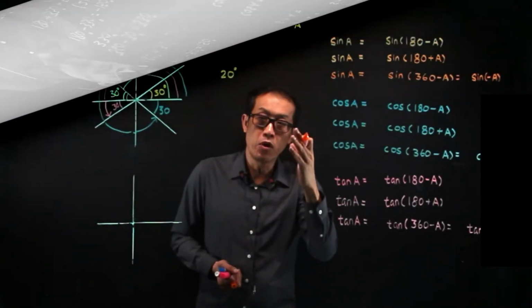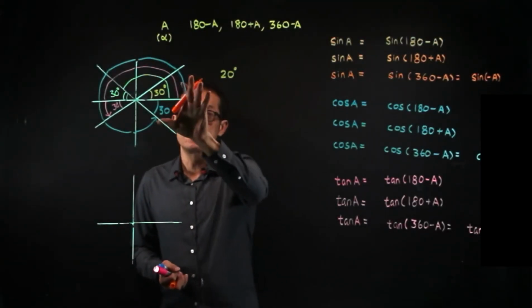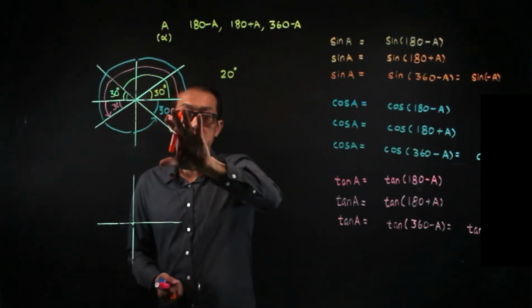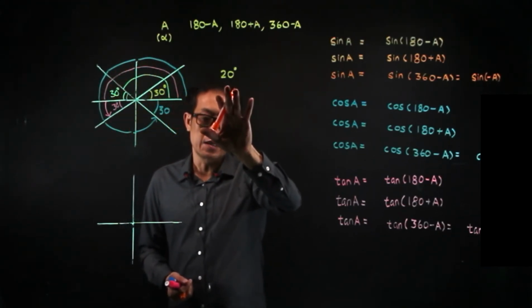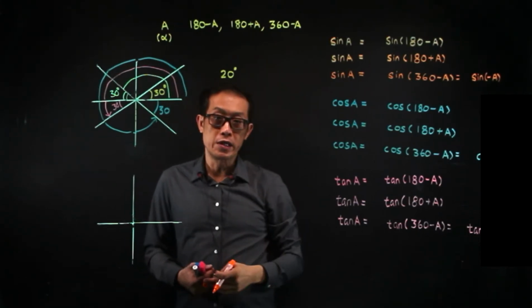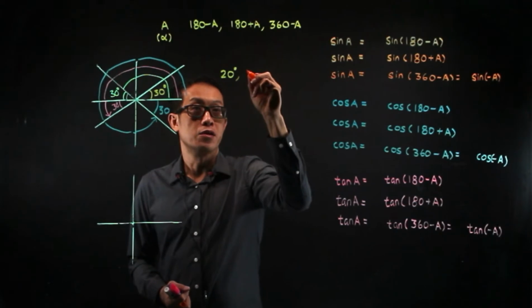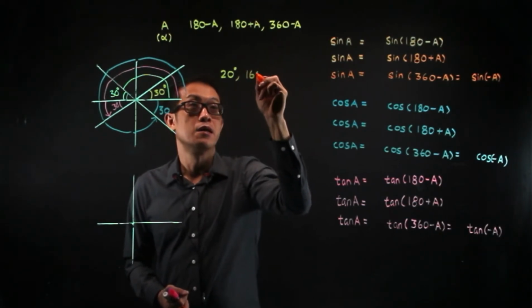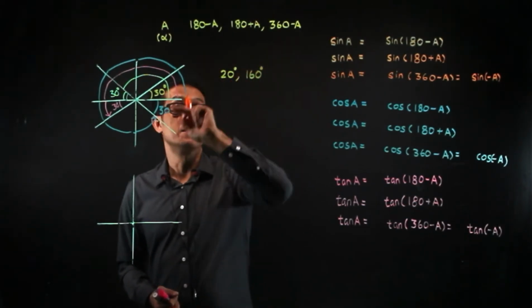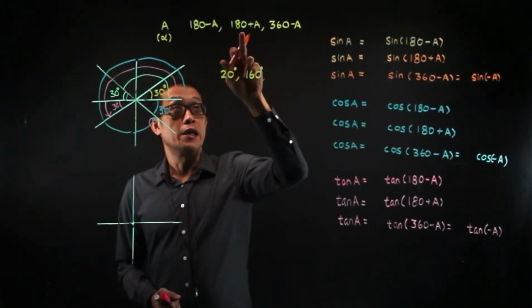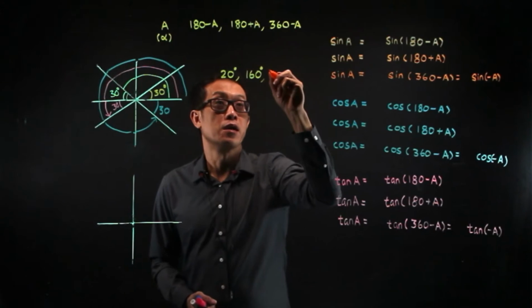Now let us name all the four angles in the four quadrants that have a basic angle of 20 degrees. So what are the other angles? It will be 160, you use 180 minus 20. Then you use 180 plus 20, there will be 200.